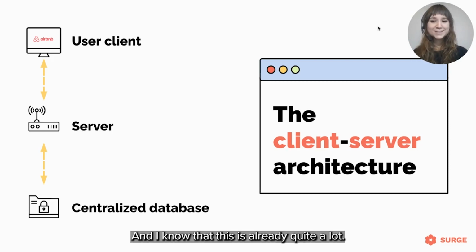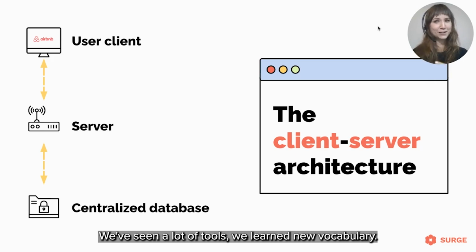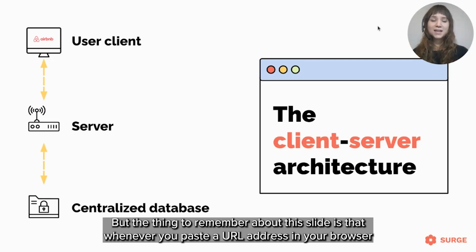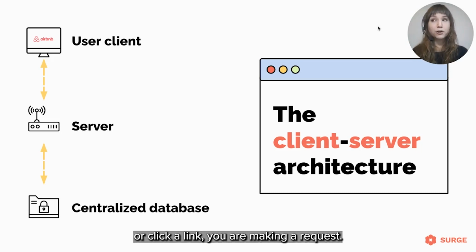And I know that this is already quite a lot. We've seen a lot of tools, we learned new vocabulary. But the thing to remember about this slide is that whenever you paste a URL address in your browser or click a link, you are making a request.